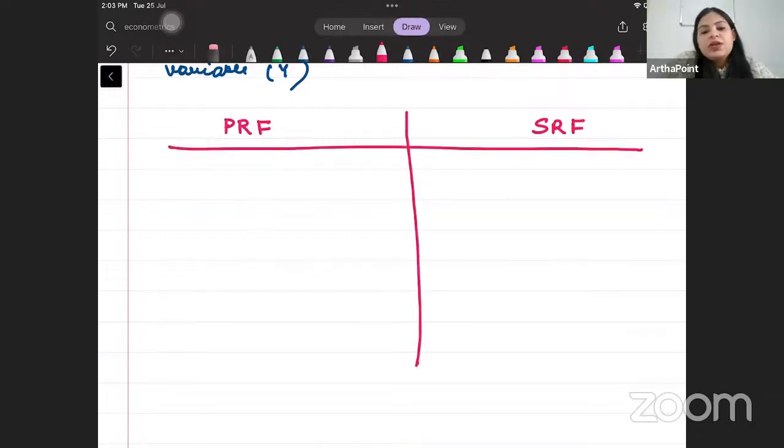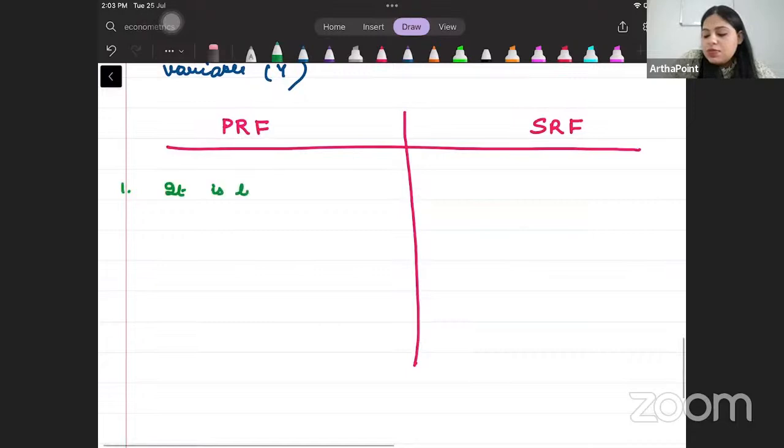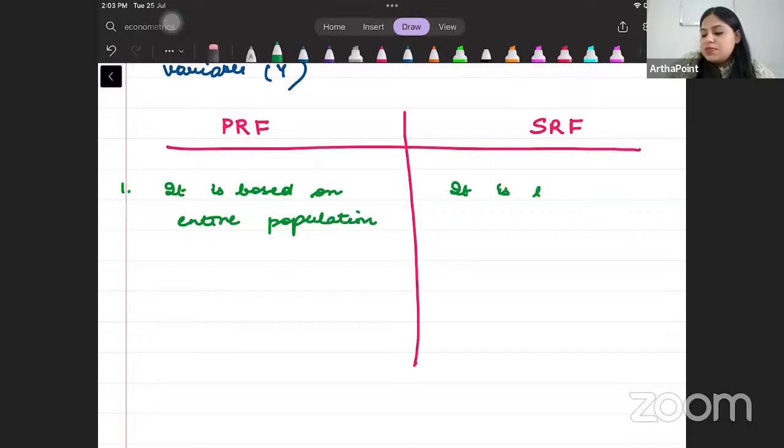Okay. Let us write down some differences between the two. First, the PRF is based on the entire population. The SRF is based on data of samples. That's the first difference. Second, a population, I told you, is never at disposal. You cannot have the population at disposal.